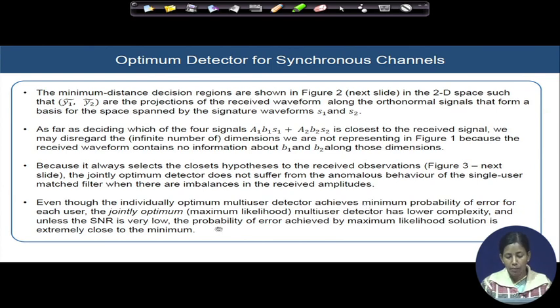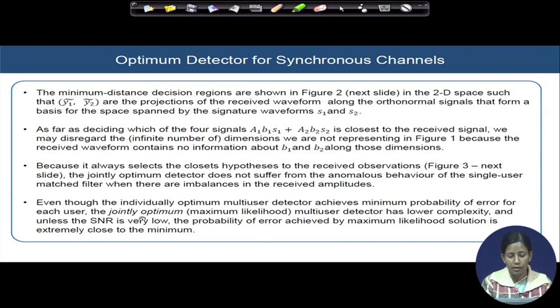The jointly optimum detector has a lower complexity, and unless the SNR is really very low, the error probability achieved by this maximum likelihood solution is extremely close to the very minimum one. So, the question is, if I can attain the minimal error for every user by the first approach, why should I go ahead with the jointly optimum case?